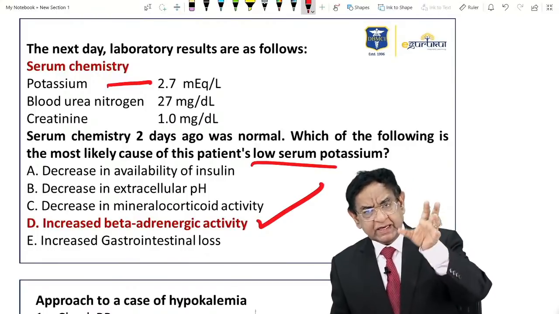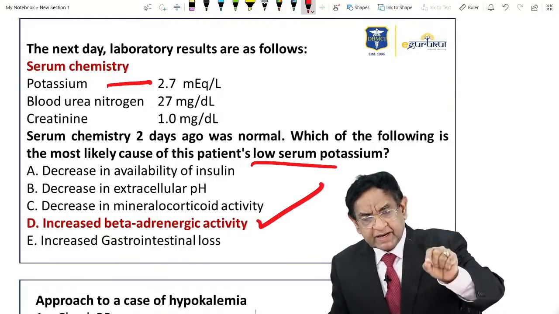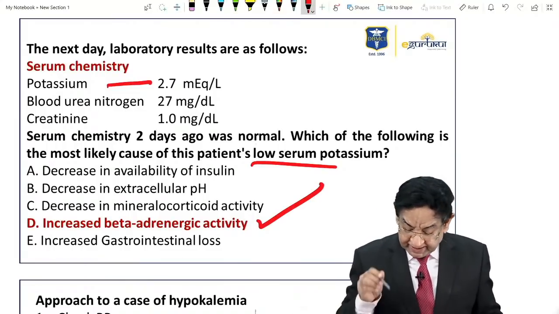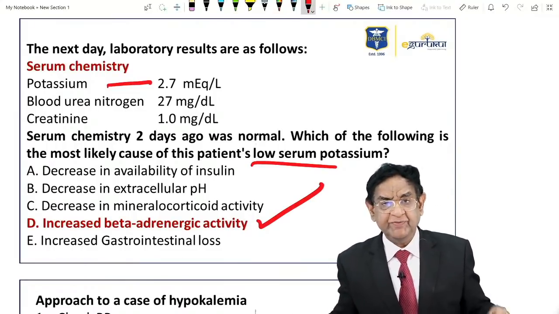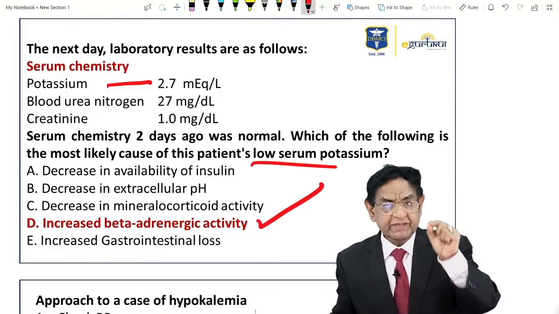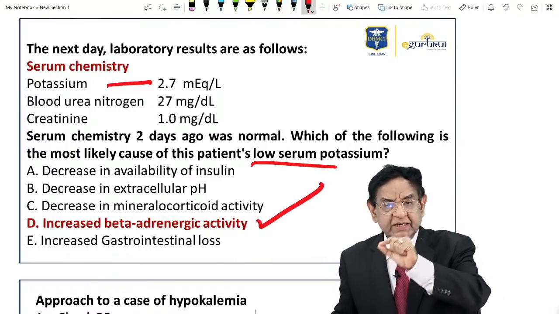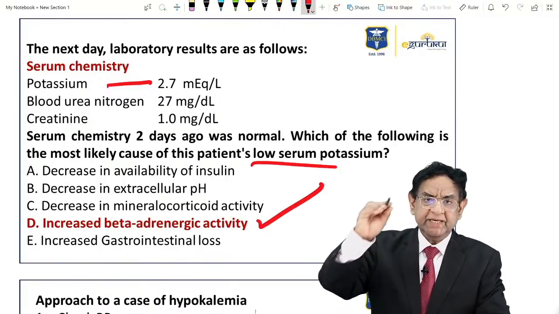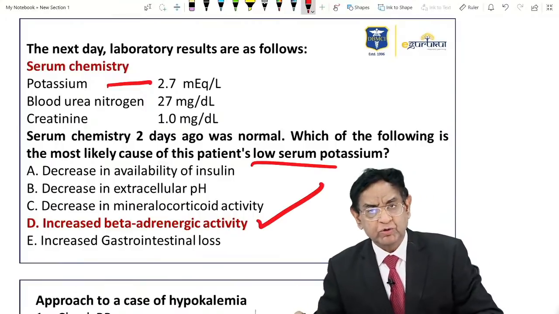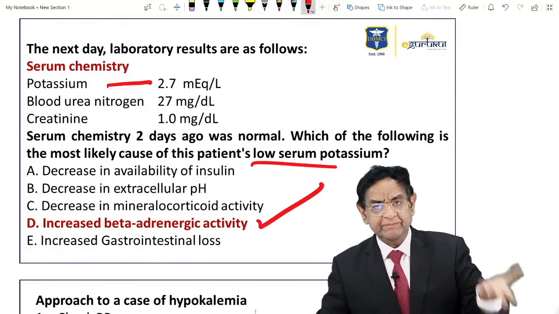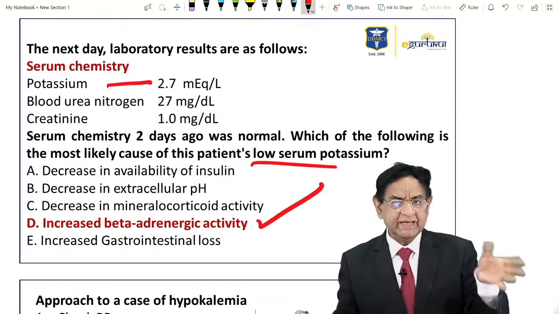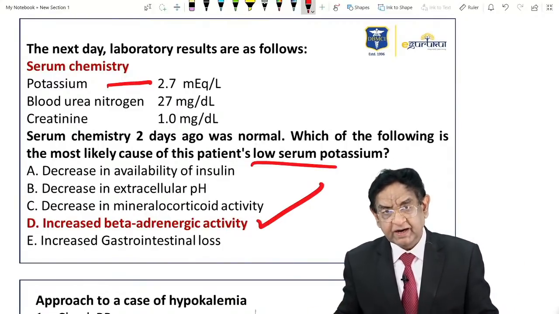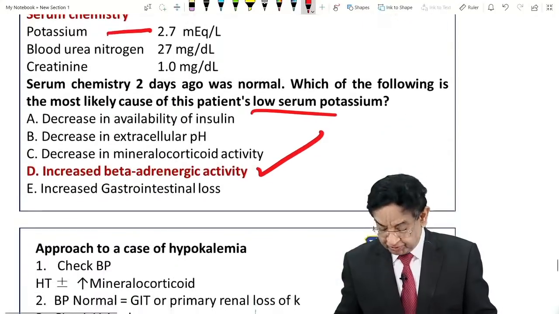So he is asking which drug or which activity can lead to hypokalemia. And I mentioned that in hyperkalemia, if you give albuterol, which is a beta-2 agonist, it causes entry of potassium into the cell. So the same thing, if used in overdose, can lead to hypokalemia. The point I mentioned when I discussed this has been asked in a different way: hypokalemia is a side effect of albuterol.